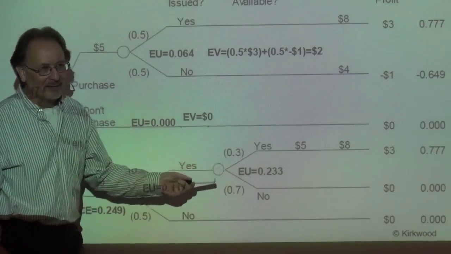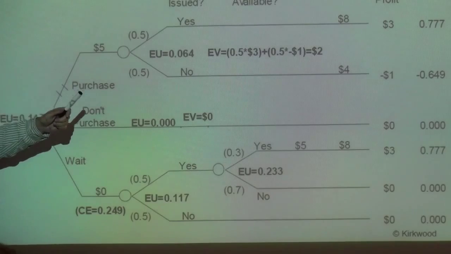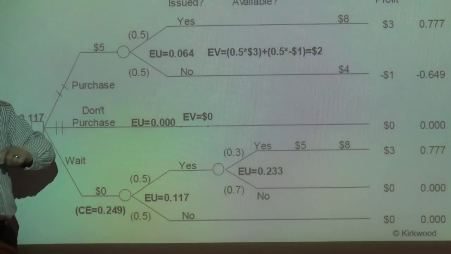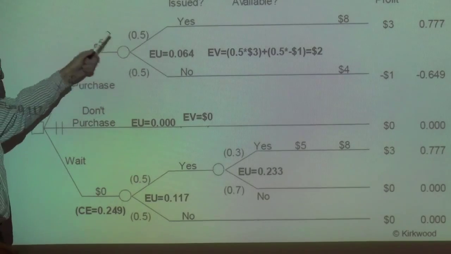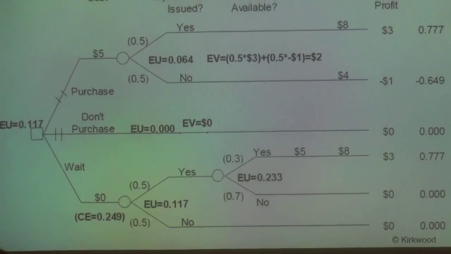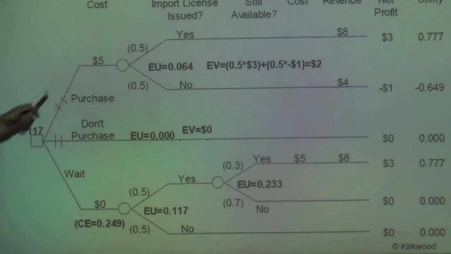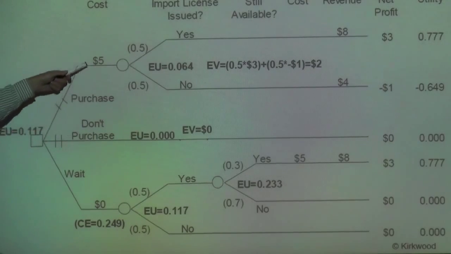The disadvantage of the other is paying money up front, but then when it's issued, you're certain to have it. There's only a 50-50 chance of it being issued. Okay. So does the scenario make sense? So we have these three alternatives. Don't do anything, buy it now, wait to buy it later.